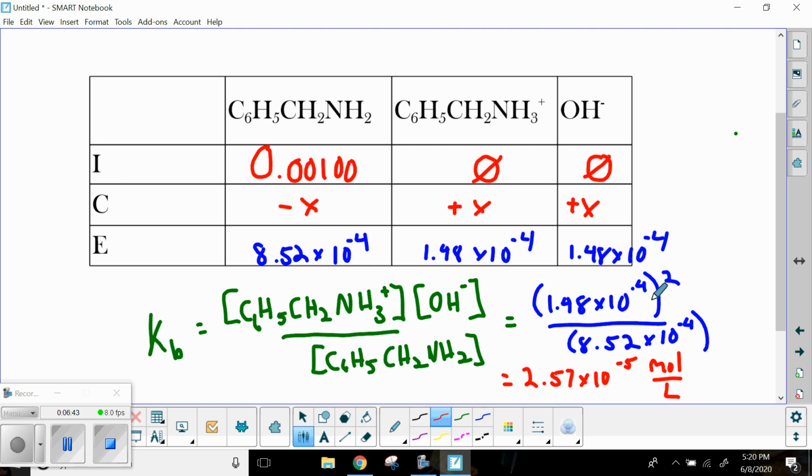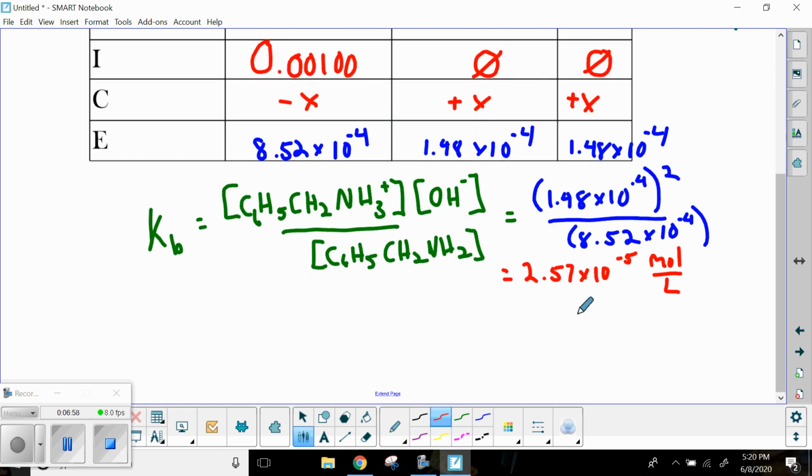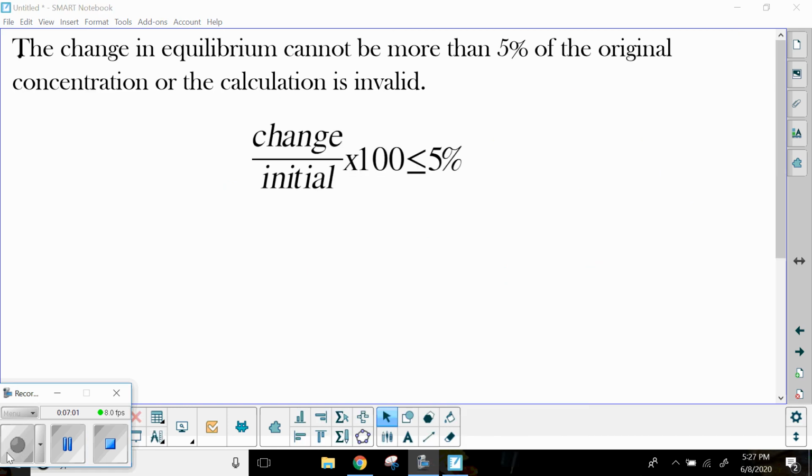I want to take a moment here and talk to you, however, about what we call the 5% rule. The 5% rule has to do with whether or not we have a valid Kb value for this particular situation. What they're saying here is this: the change in equilibrium from your original concentration cannot be more than 5%.